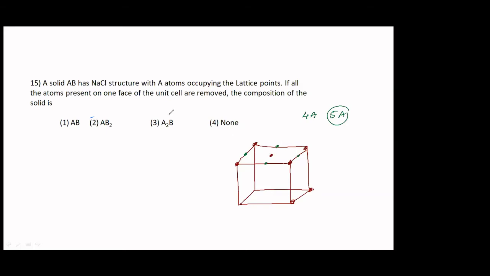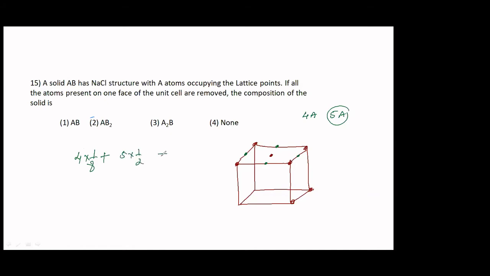Correct? This says if all the atoms present on one face of the unit cell are removed, what happens? So you are left with 4 corner atoms because 4 are removed. So 4 into 1 by 8, plus you are left with 5 face centered atoms because 1 is removed, 5 into 1 by 2.